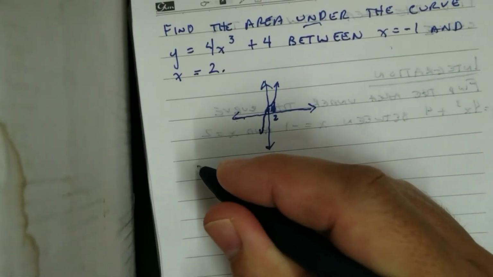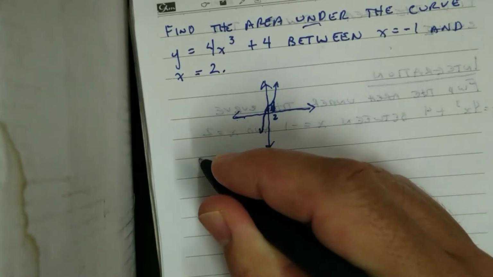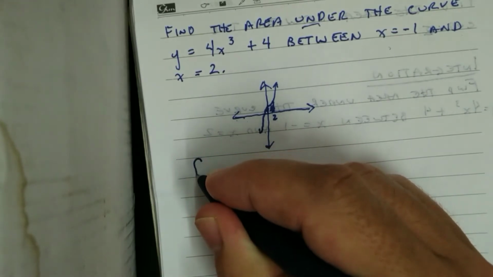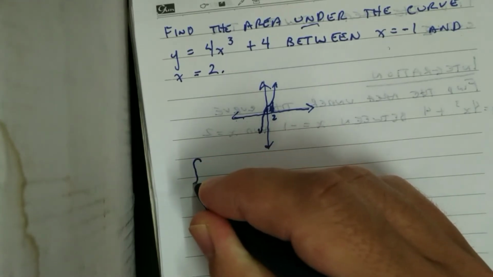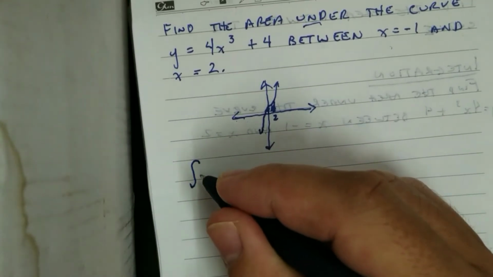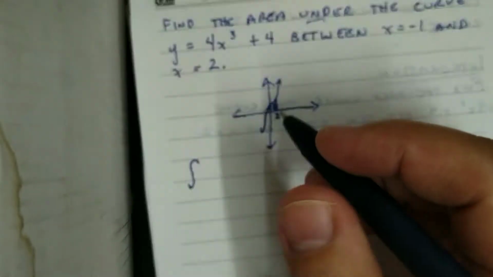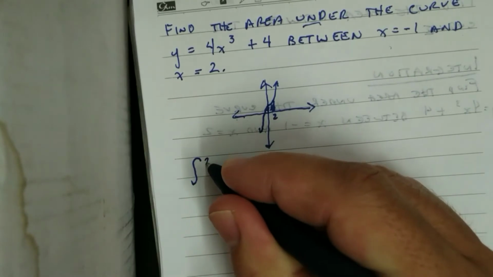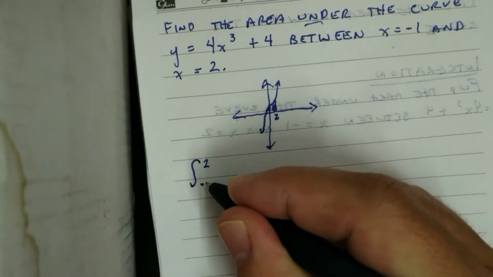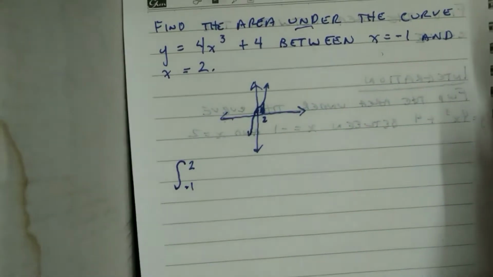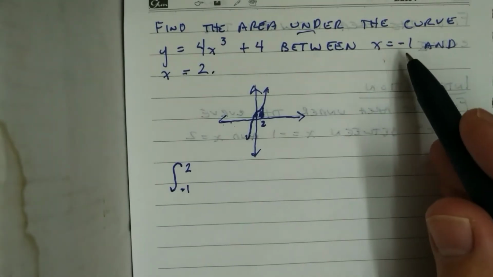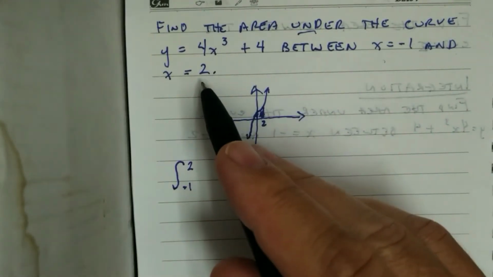And we're going to use this symbol. And this symbol is the same as a summation. So if we're looking at this curve, okay, so anyway, this is the integral between 2 and -1. And please have a look at the problem. That's x is equal to -1, x is equal to 2.